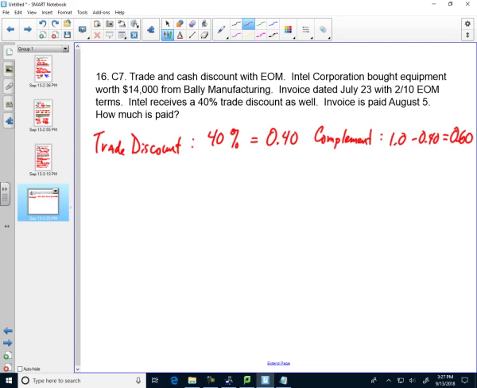So the amount after the trade discount is going to be 14,000 times 0.6, isn't it?